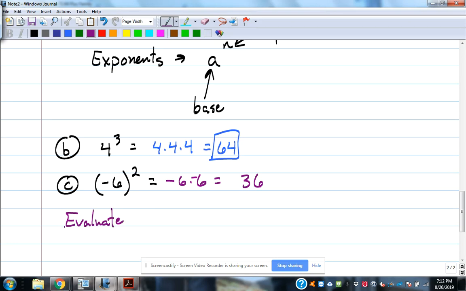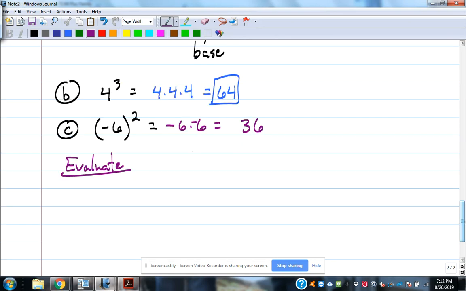So this is where we're actually doing order of operations. We've kind of reviewed the exponent stuff, and we know how to do that sort of thing with the calculator. So let's evaluate some expressions using order of operations. So example D, 4 times 3 in parentheses squared plus 6 divided by 3.